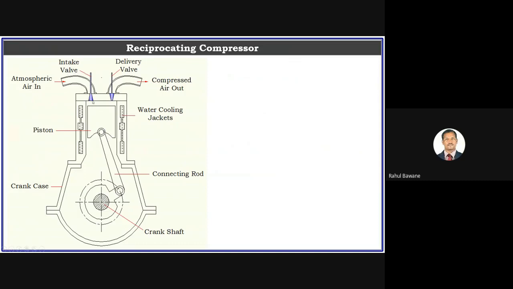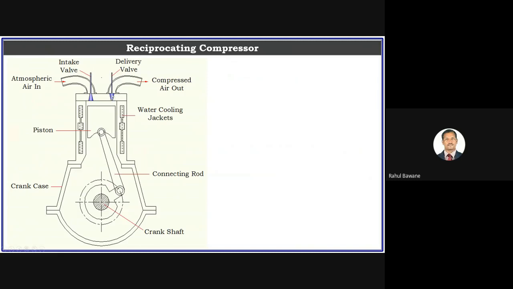As soon as the piston moves down, negative pressure is created inside the cylinder. At that time this valve opens and atmospheric air is taken into the cylinder, and this continues till the piston reaches BDC. When the piston starts moving upward, the intake valve will be closed.